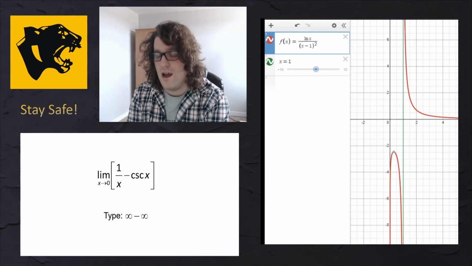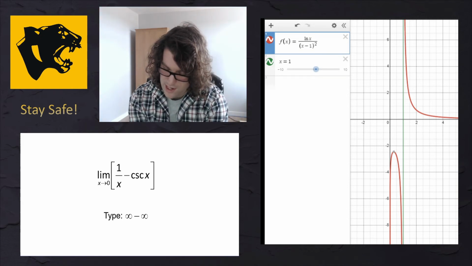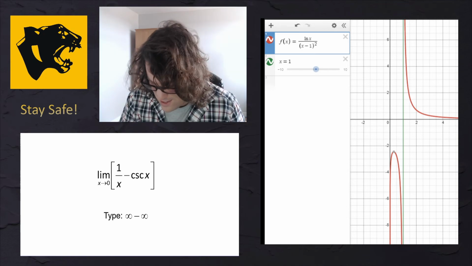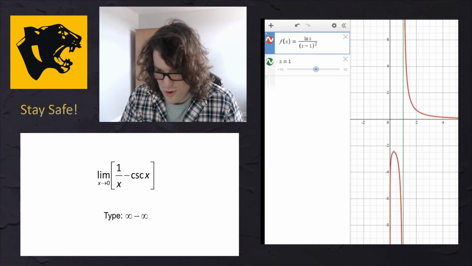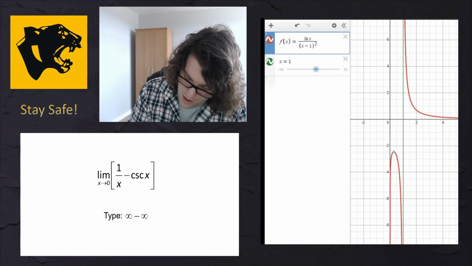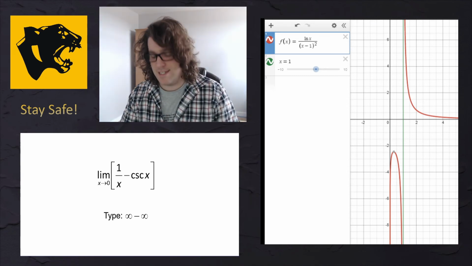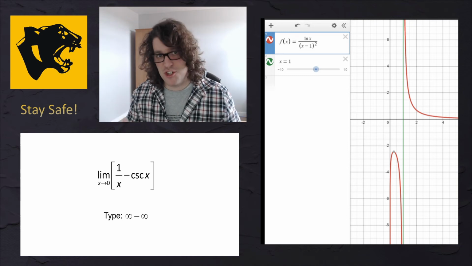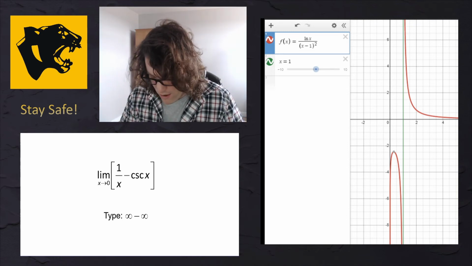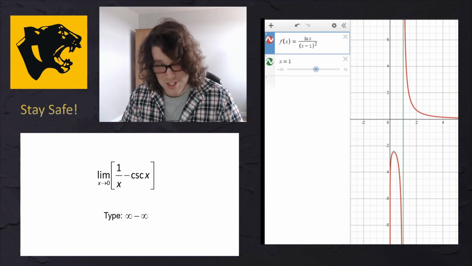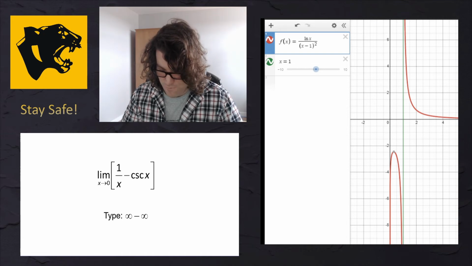Now, the way that this works is we are still able to apply L'Hopital's rule on this if this limit fits the definition of L'Hopital's rule, which it does. It gives us a 0 over 0.